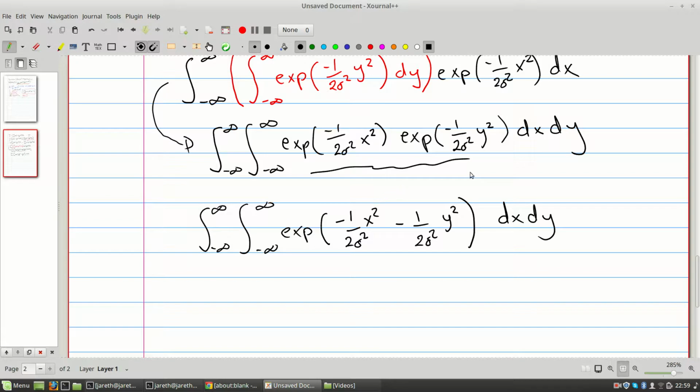We can do this of course because e to the power a times e to the power b is equal to e to the a plus b, right? Since this is the case, we should be able to do something like that. I might make some algebraic mistakes here, but you can follow through what's happening and get an idea of where we're going with this.